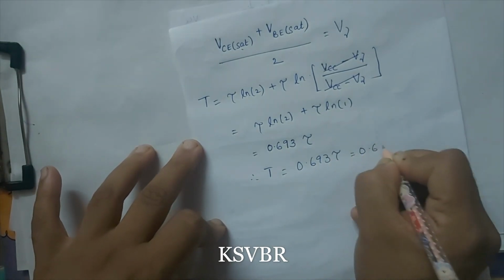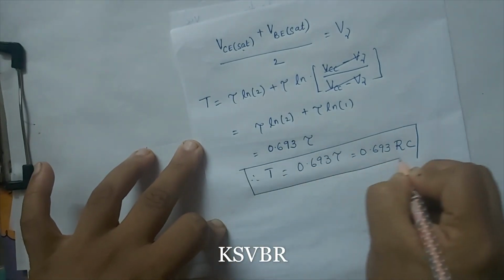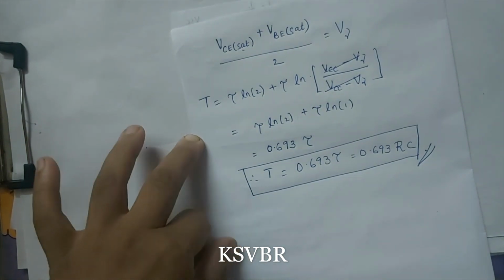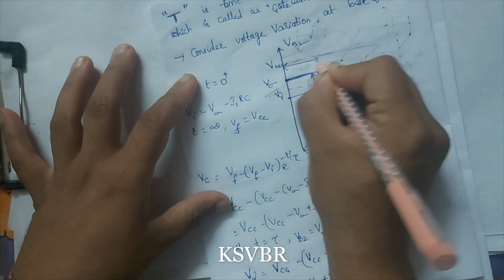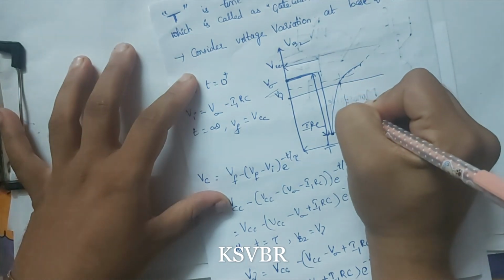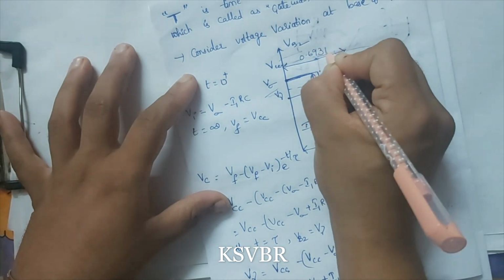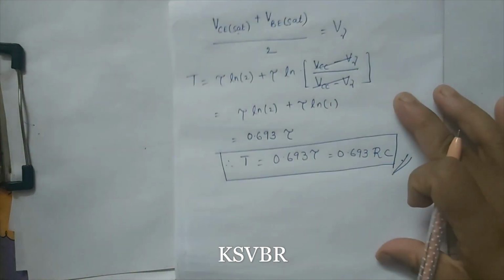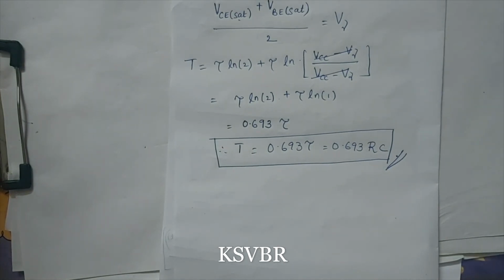What is tau? Tau is nothing but the time constant, which is called RC. So the pulse width of the monostable multivibrator will be 0.693 RC. This is the pulse width of the monostable multivibrator, which is a very, very important concept. And see the applications of the monostable multivibrator.